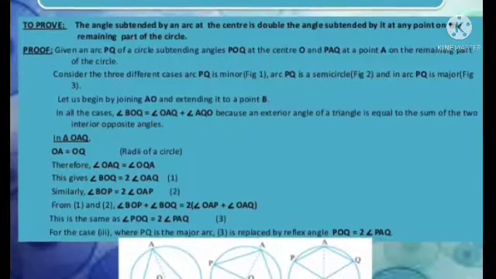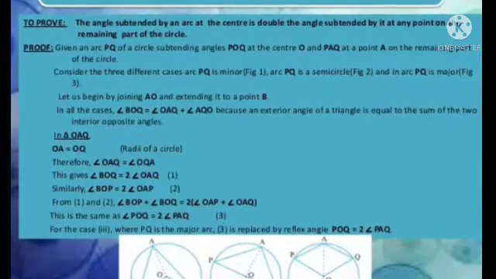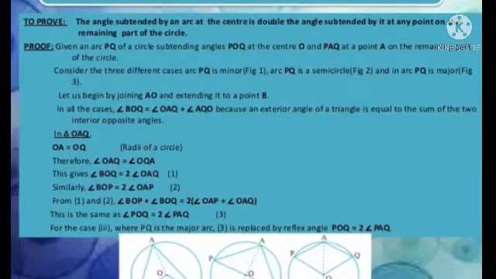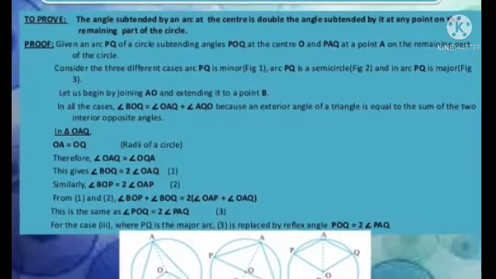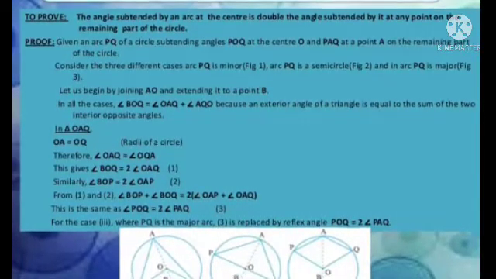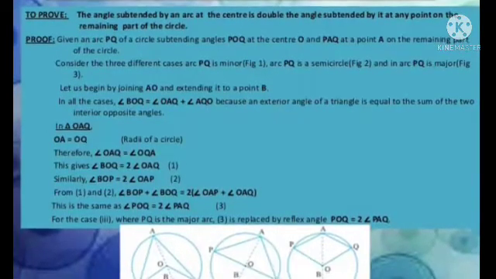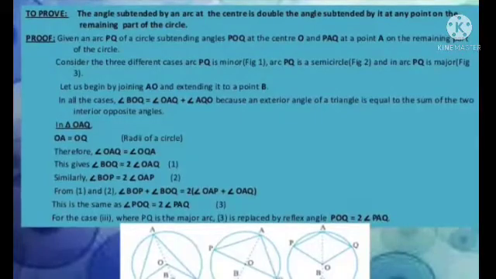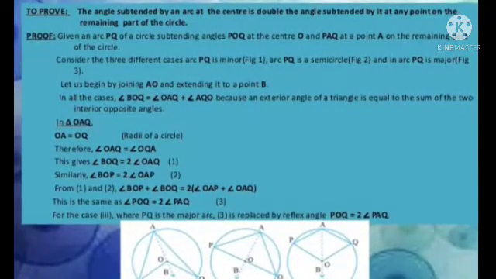That is equation 1. Similarly, angle BOP is equal to 2 times angle OAP. Equation 2. From 1 and 2, angle BOP plus angle BOQ is equal to 2 multiplied by, in brackets, angle OAP plus angle OAQ.